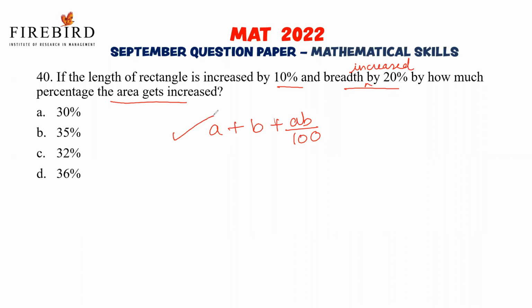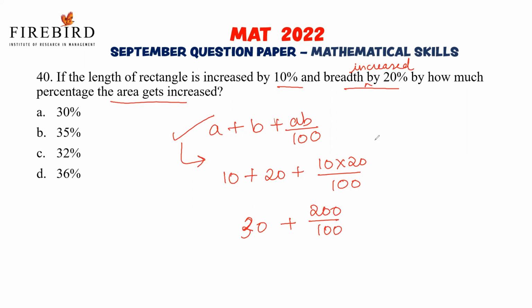There I have used this formula only. The same formula you can use here. Length 10% and breadth 20%, and finally you'll get 10 plus 20 is 30, plus 10 into 20 divided by 100, that is 200 by 100. So 32% is my answer.